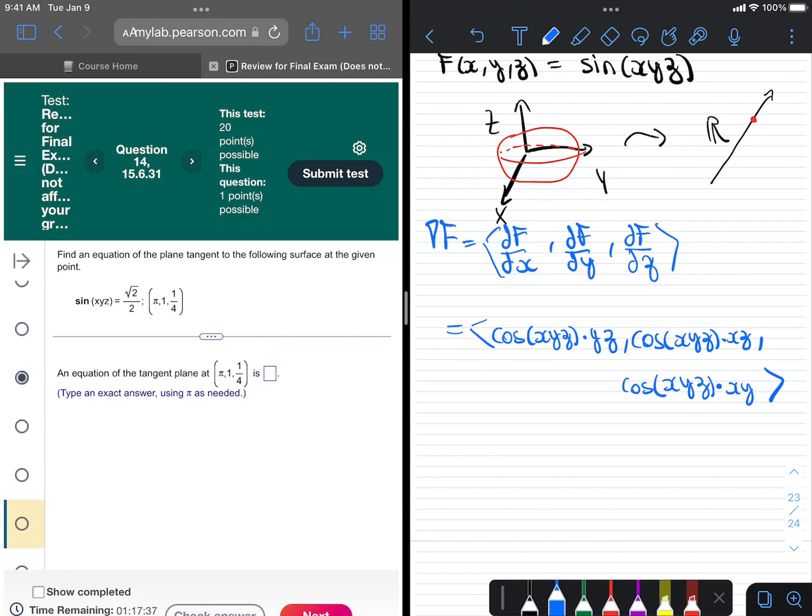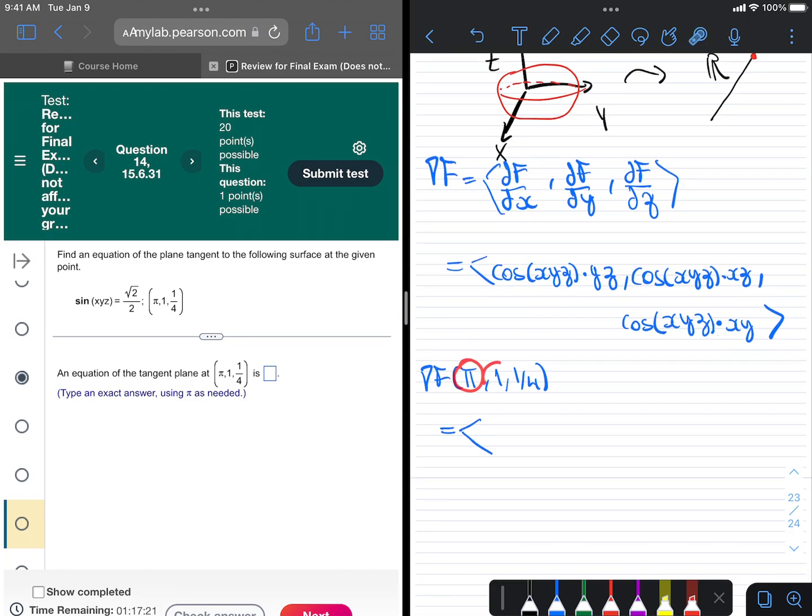So we want to know the coordinates of this tangent plane at the point pi, 1, 1/4. So the gradient of f at pi, 1, 1/4 is plugging these values in. This is x, this is y, this is z. We'll get, so the first coordinate is the cosine of pi times 1 times 1/4, so pi over 4, times yz, so 1/4.